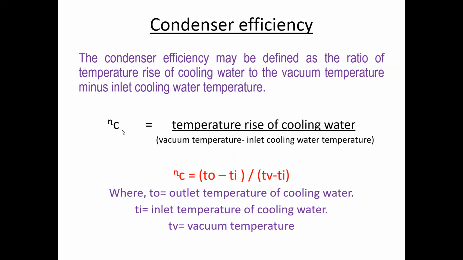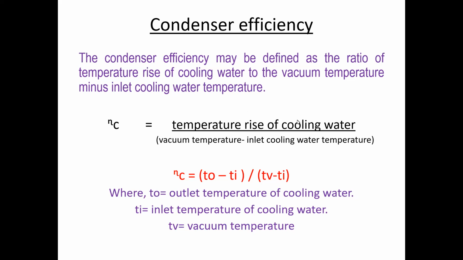And this is equal to the temperature rise of cooling water. What is the temperature rise? The cooling water that we directly get from some river is at low temperature, say about 10 degrees C or 15 degrees C.